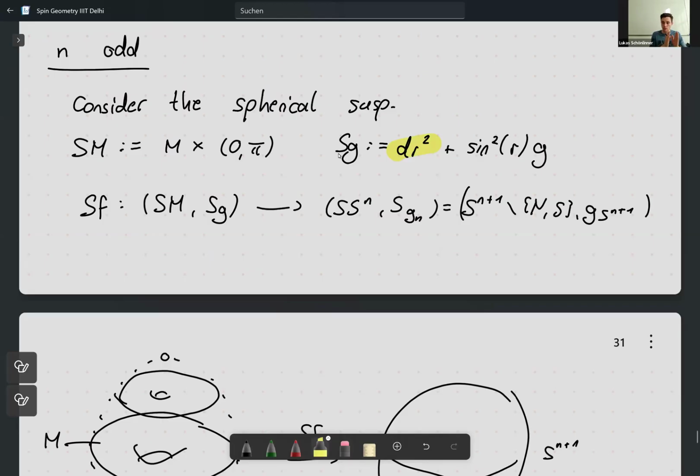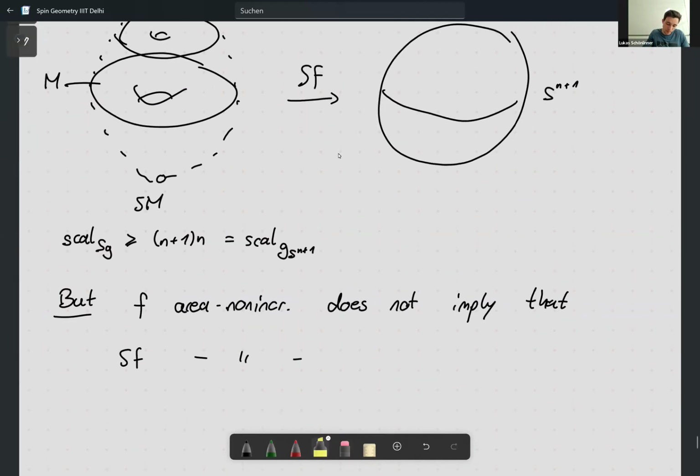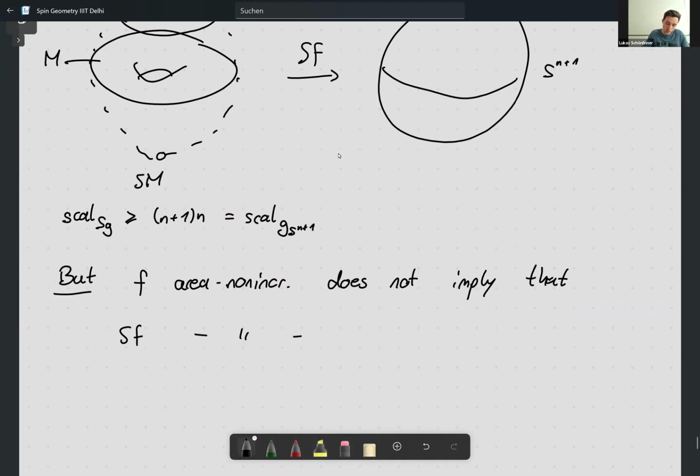So if you consider the area between this R direction and this extended direction in M, then the area will actually increase. So this area non-increasing property will not transfer to the spherical suspension.